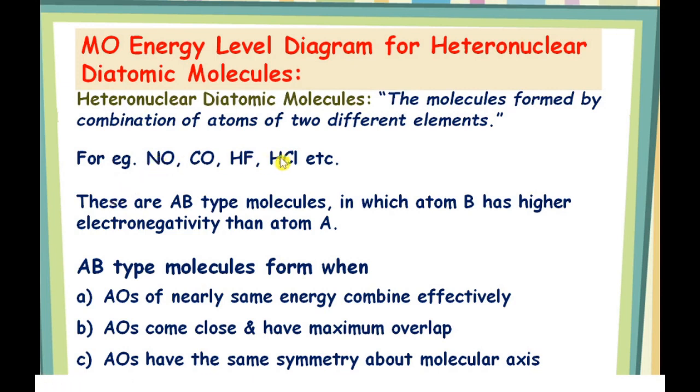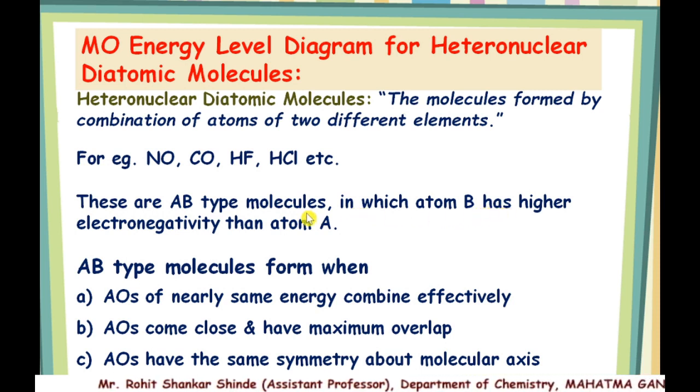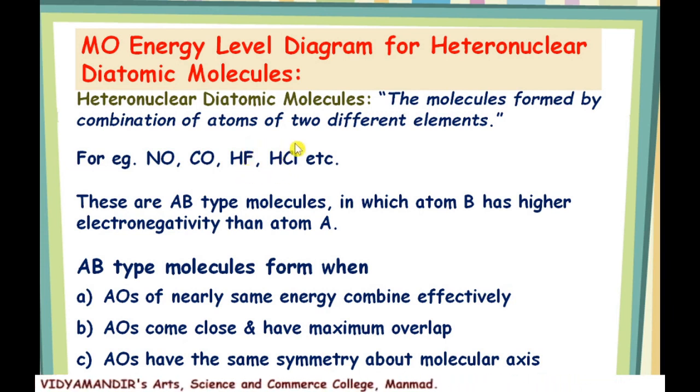So these molecules are of AB type, in which atom B is having higher electronegativity than atom A. In the HF molecule, fluorine is more electronegative. In HCl, chlorine is more electronegative. In carbon monoxide, oxygen is more electronegative.